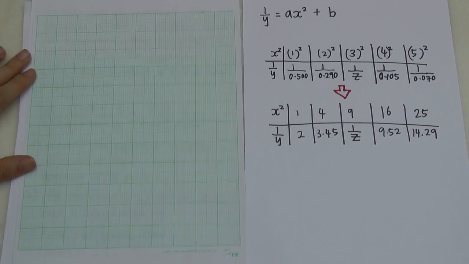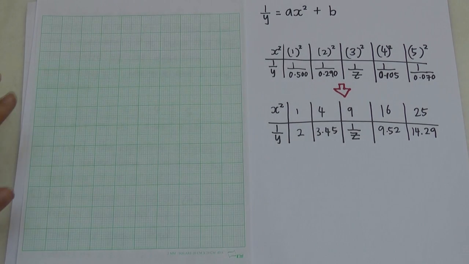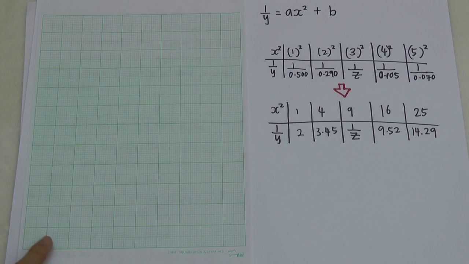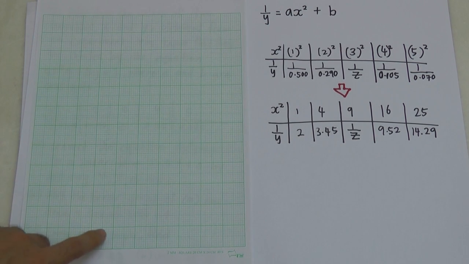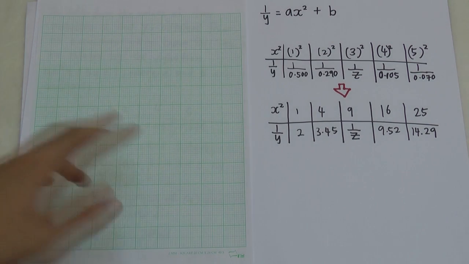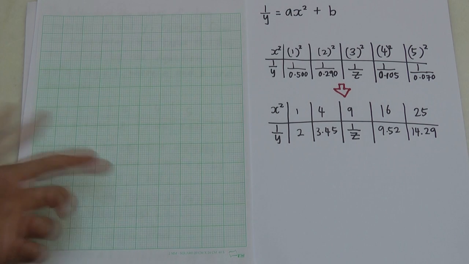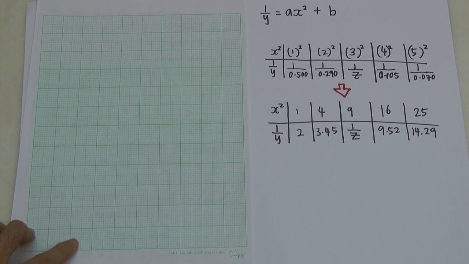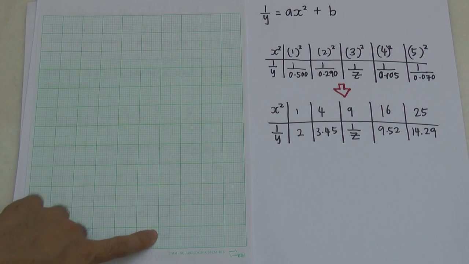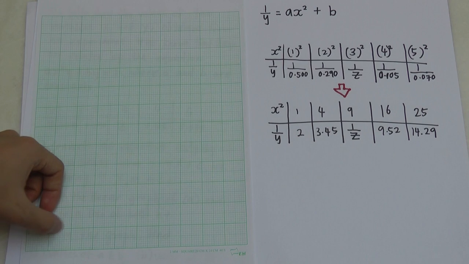Normally I will only use the scale of 1, 2 and 5. I seldom choose 3 and 4. What do I mean? I could use 1, 2, 3, 4, 5, 6, 7, 8 for every 2 cm. But obviously 1 is not enough, 2 is not enough, so I will use 5. This one is 0, 5, and then 10, 15, 20, and 25. Because 3 and 4 are somehow very hard to measure.